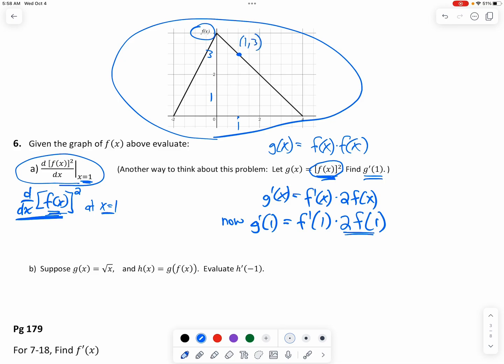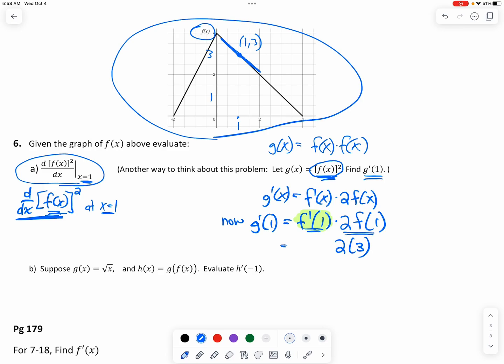So f of 1 is 3, so we're looking at 2 times 3. Now this part, f prime of 1, we need to think of the derivative sometimes as the slope of a tangent line, and this is the slope of the tangent line at 1. So my eyes go up to around that point, and I just make a little slope line.